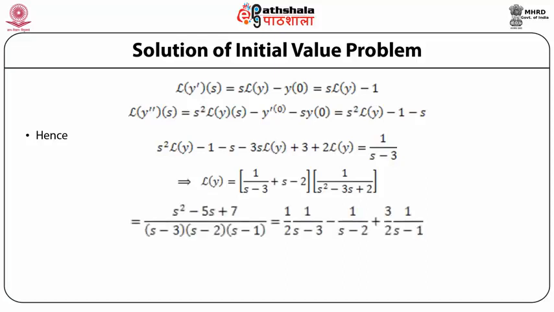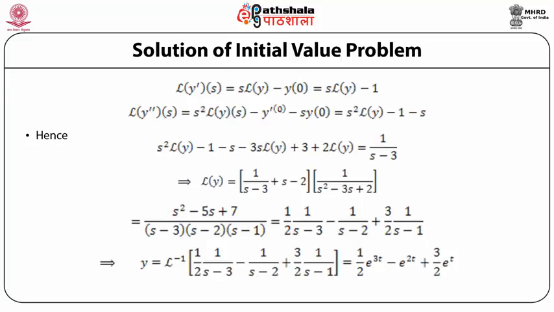This is equal to s square minus 5s plus 7 divided by s minus 3 into s minus 2 into s minus 1. This can be simplified to get the Laplace of y to be equal to 1 by 2 times 1 by s minus 3 minus 1 by s minus 2 plus 3 by 2 times 1 by s minus 1.